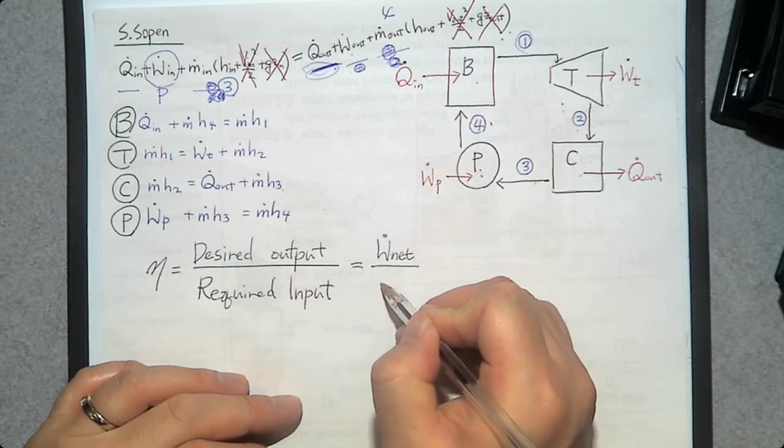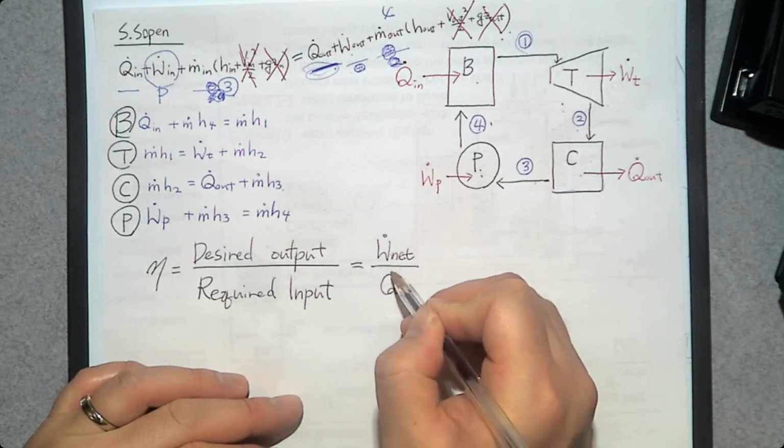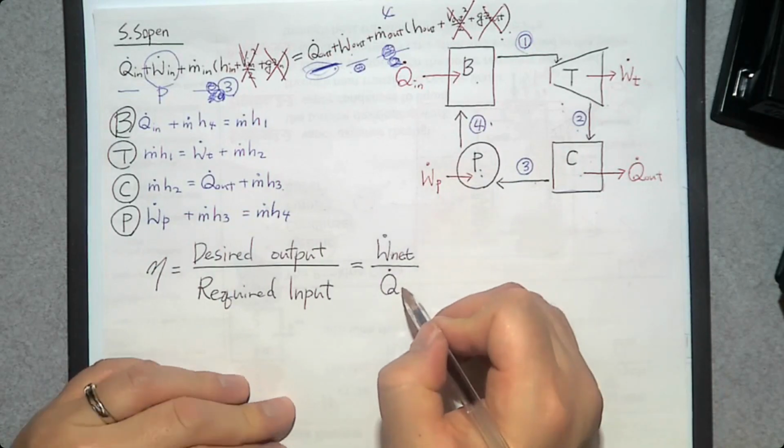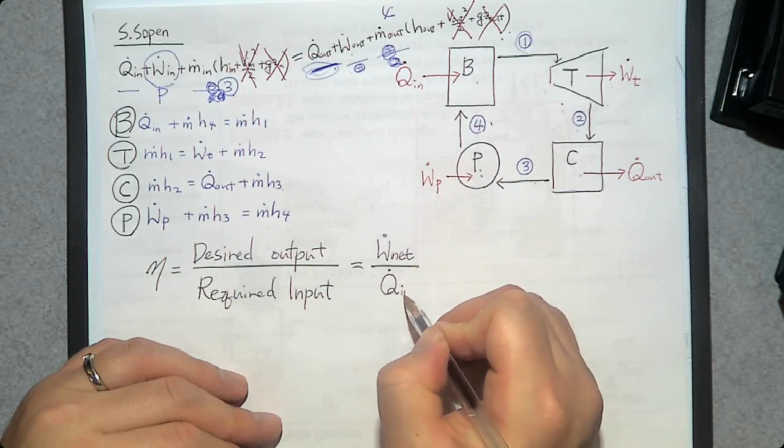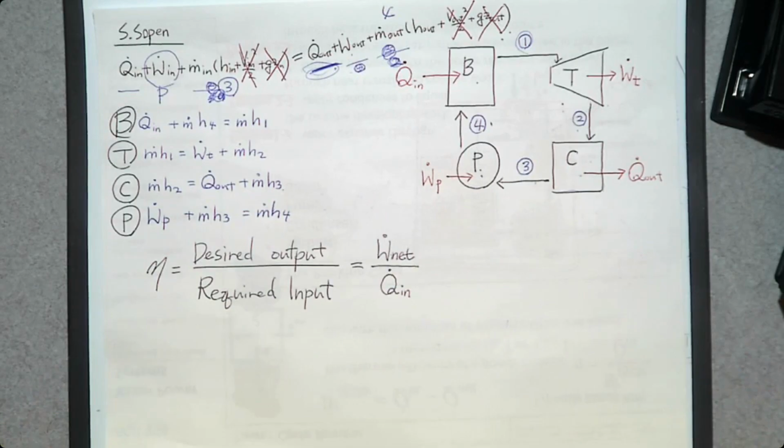So we need to either burn some fossil fuel, use a nuclear reaction, or concentrate sunlight to obtain high temperature heat. So this is how we determine the thermal efficiency of the system.